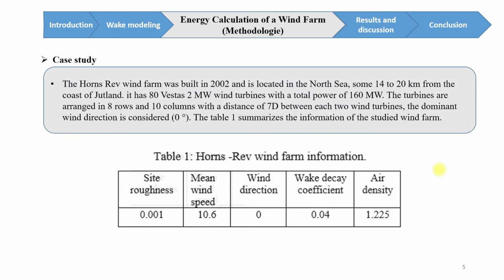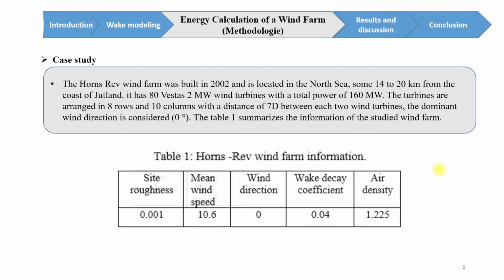Case study. The Horns Rev wind farm was built in 2002 and is located in the North Sea, some 14 to 20 kilometers from the coast of Jutland.